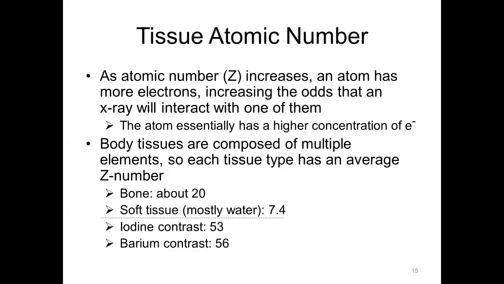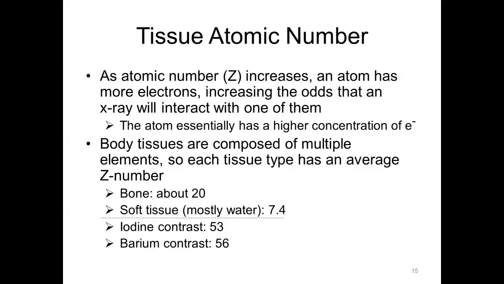But tissues in the body are not made up of a single element. We are composite beings. A lot of chemical compounds are made up of molecules, so that's combos of elements. So we have an average atomic number, average Z number, for our bodily tissues. Bone, it's about 20.